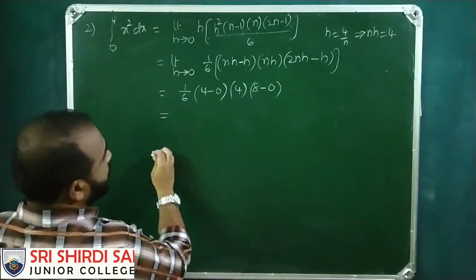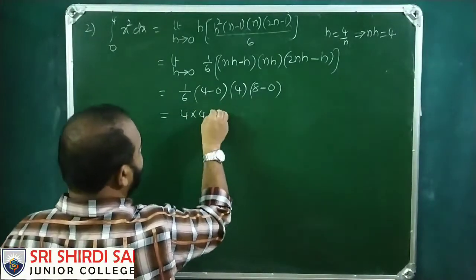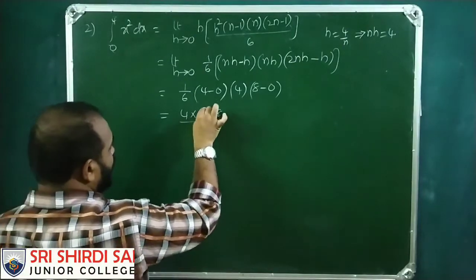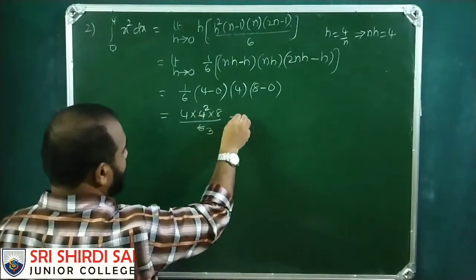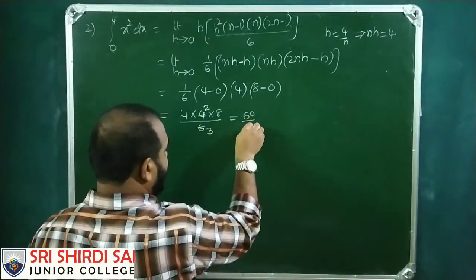So nh is 4, into 4, into 2nh, which is 8, minus h which is 0. That equals 4 into 4 into 8 by 6, which simplifies to 64 by 3.